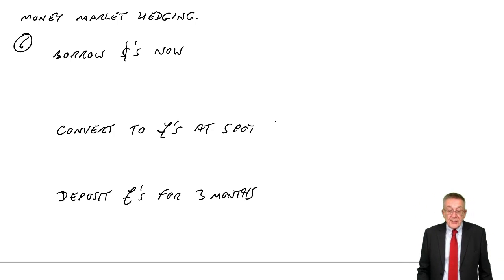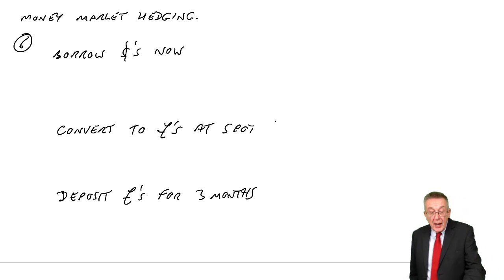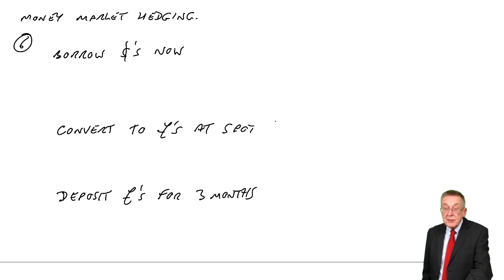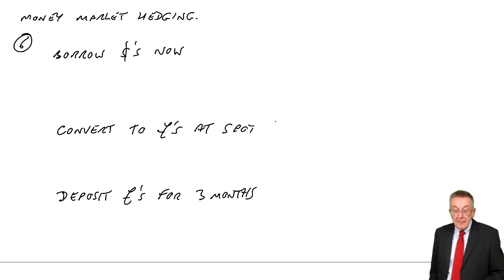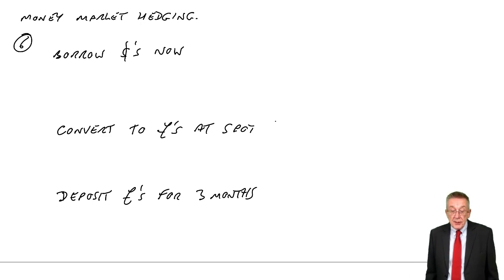And that's why they've given us interest rates. The current 3-month interest rates in the US are 5.2 to 5.8%. In the UK, ignore the word LIBOR, that's irrelevant, interest rates are 3.6 to 3.9.